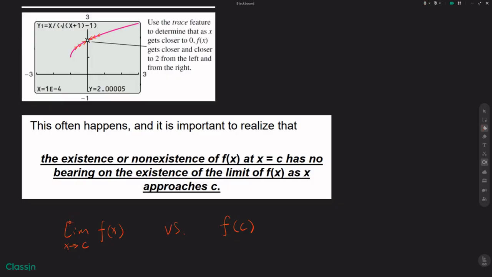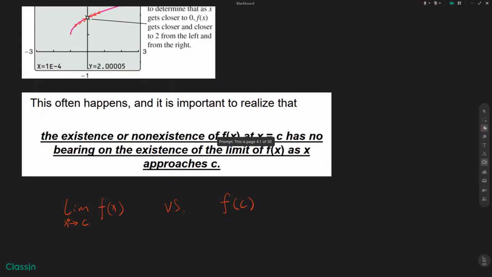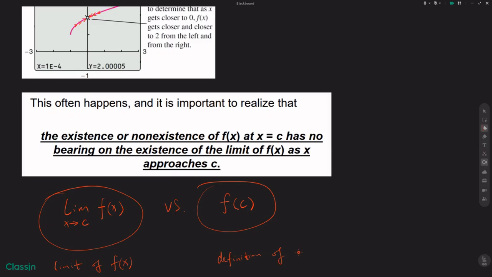So what is the trend of the function f of x? And the thing on the left, as you can even tell from the limit notation, is the limit of the function f of x, where the thing on the right, sorry, is the definition of f of x.